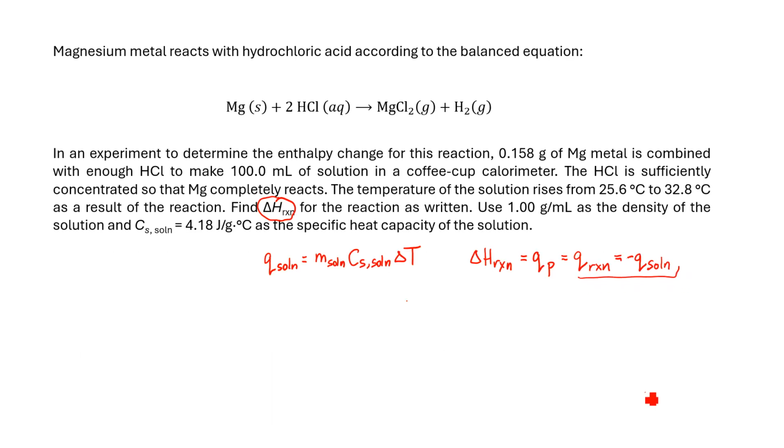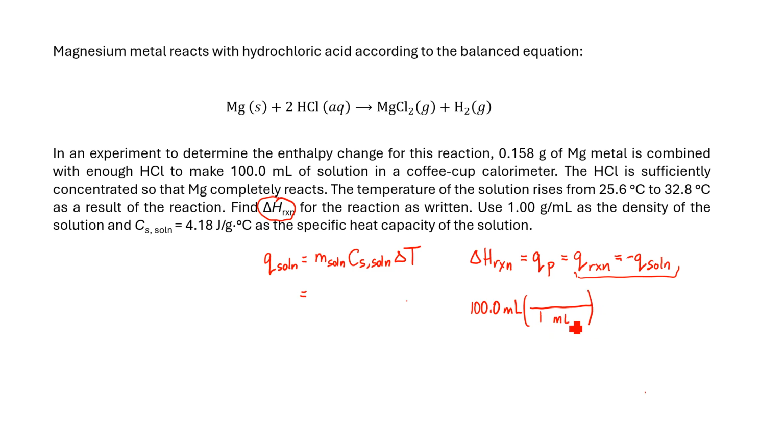That's what we got over here. Okay, but right now we don't need to worry about the sign just yet. Why don't we just solve for Q solution and then we could put a negative in front of there later. So we need the mass. The mass right now we don't have, but they basically said you have 100 milliliters of solution. And the density of the solution is 1, so that's really easy.